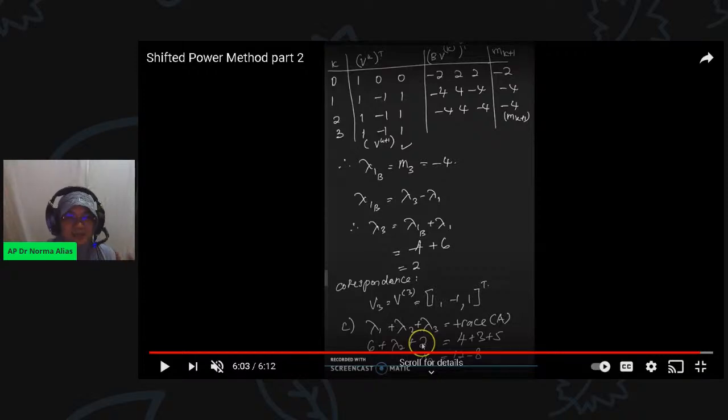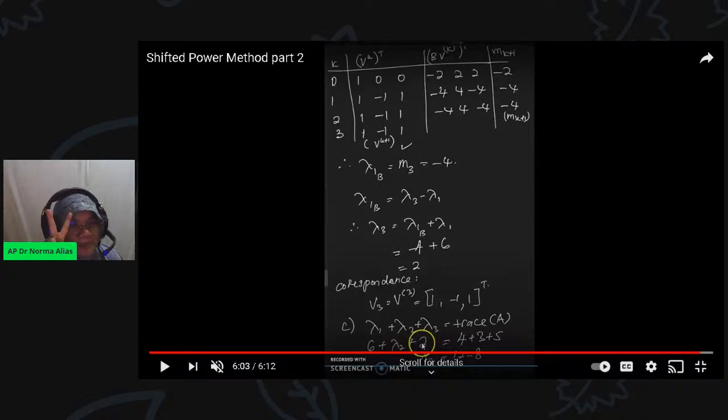The formula is lambda 1 plus lambda 2 plus lambda 3 equals trace A. How to get the minimum eigenvalue? The minimum eigenvalue lambda 3 is the dominant eigenvalue of matrix B plus the dominant eigenvalue of matrix A. It's 6 minus 4, which is 2. So these are two formulas you need to remember.